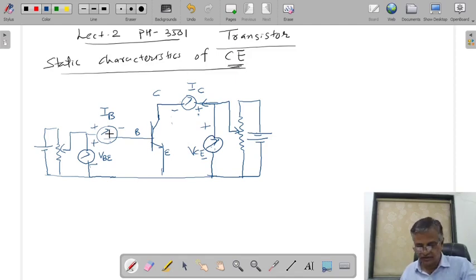The relation, or you can say the graph, between input current with input base emitter voltage for a given value of VCE is called input characteristics. So let us see now the input and output characteristics.